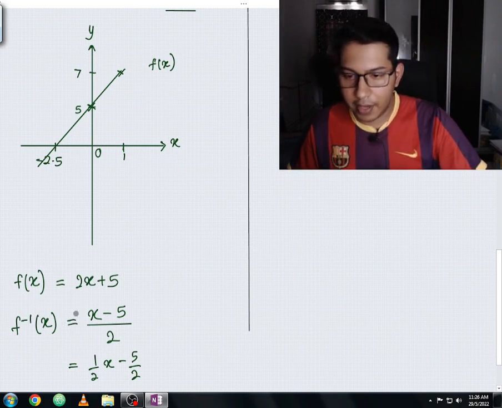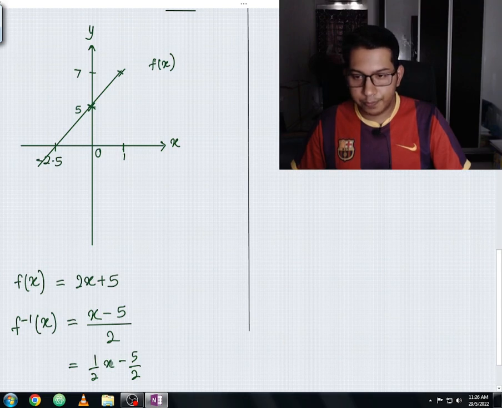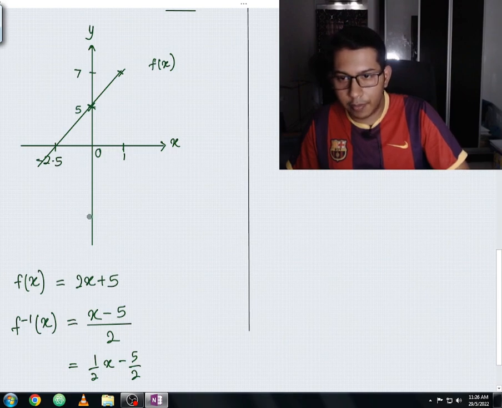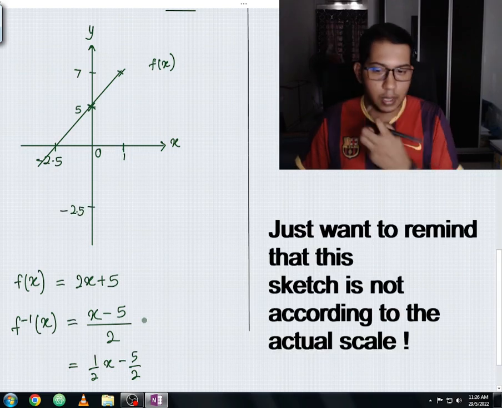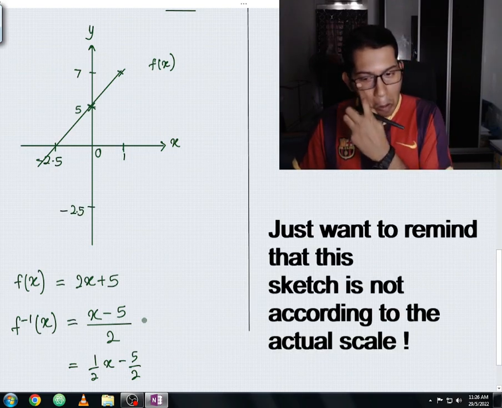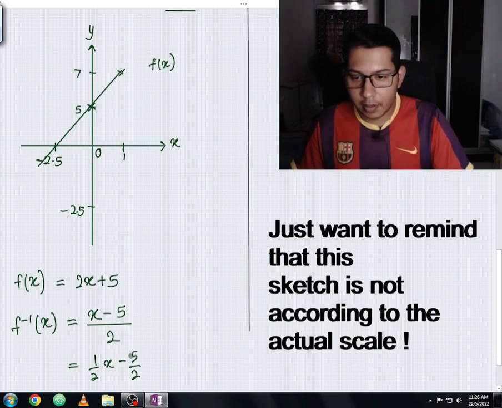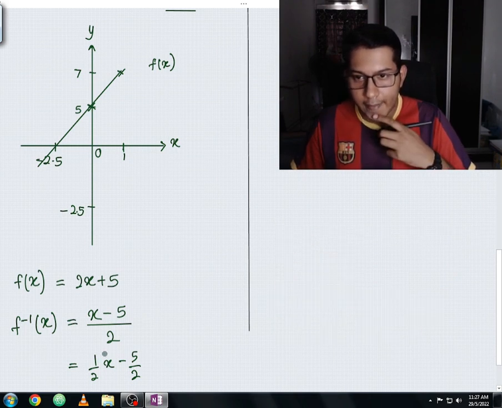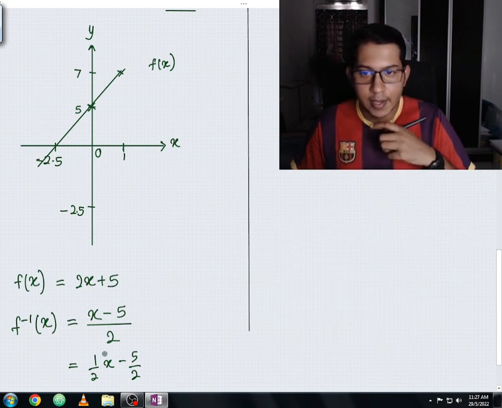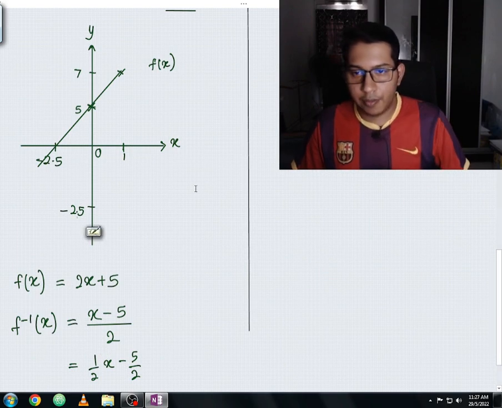So for the f inverse x, your y-intercept is negative 5 over 2, so in this case negative 2.5. Your x-intercept in this case is 5.